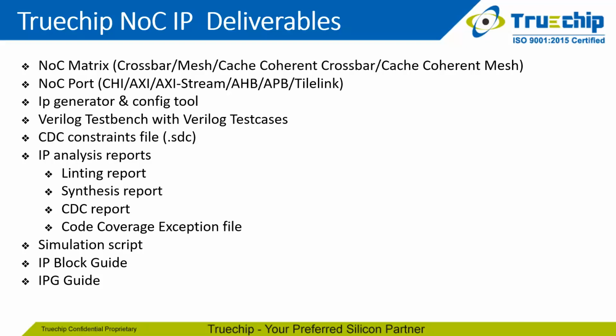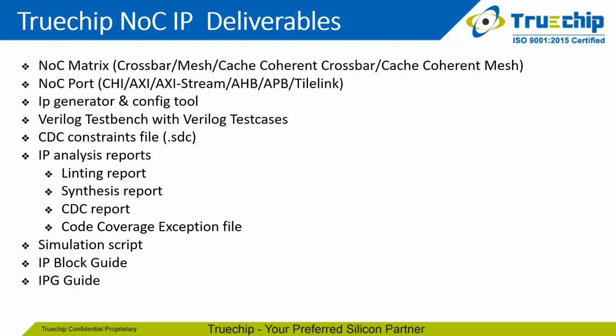You'll be getting a CDC constraint file as well, as we have already talked about synchronization. For that, we give a preloaded CDC file. You will get a detailed analysis report for the IP. It will contain the linting report, synthesis report, CDC code, and the code coverage exception file. We do provide a simulation script as well, which enables you to run the Verilog test bench, or if you want to run your own test bench, that is also going to work.